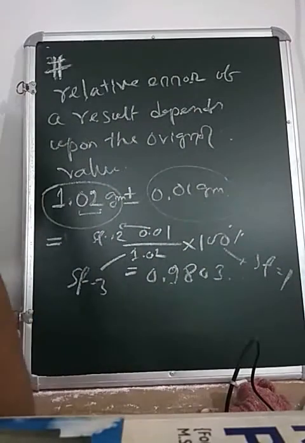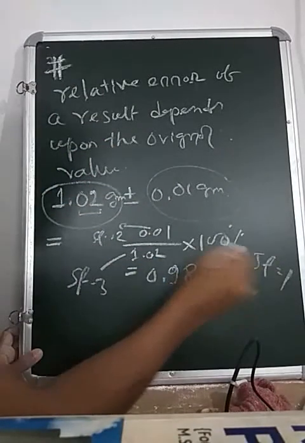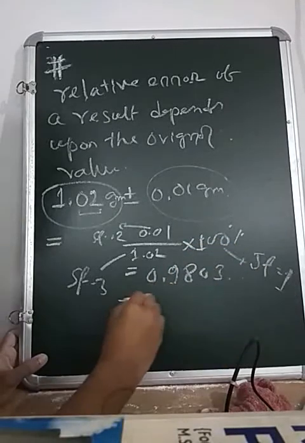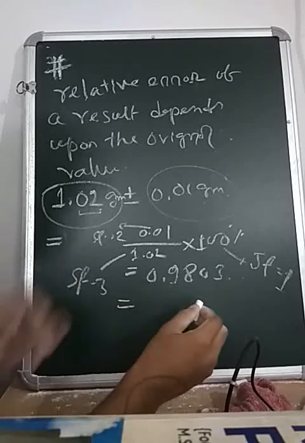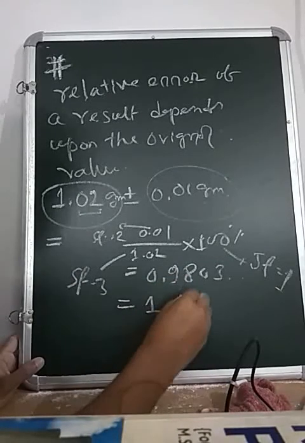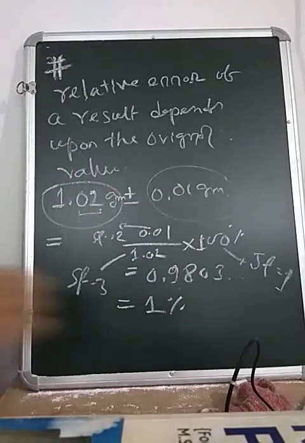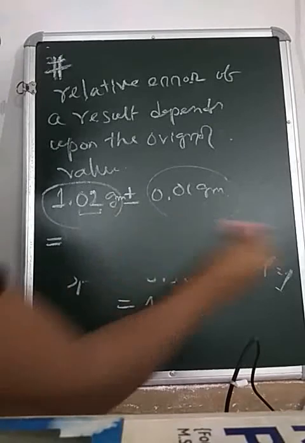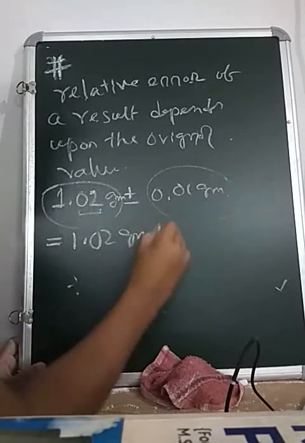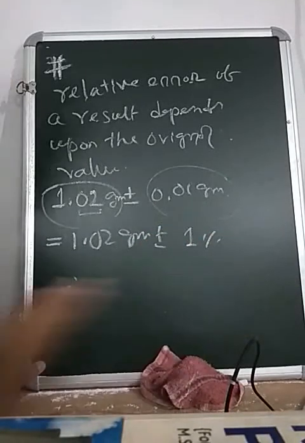The number with the least significant figures is 100, with 1 significant figure. So we have to make it 1 digit significant, and after rounding off it will be 1%. So we represent this as 1.02 gram plus minus 1%. That's 1% error.